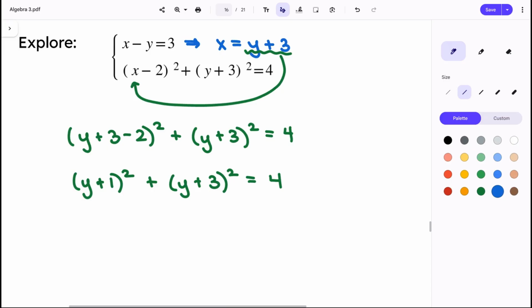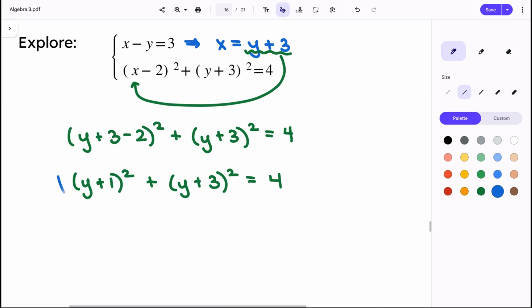One thing that you could do is, because you have y plus 1 squared and y plus 3 squared, you could expand those out, because it's 2 of them and you could multiply them by using your FOIL method. The other thing though that I'm seeing is since they all have squares and 4 is a perfect square, I might be able to square root everything and then have 2 different solutions at the end here.